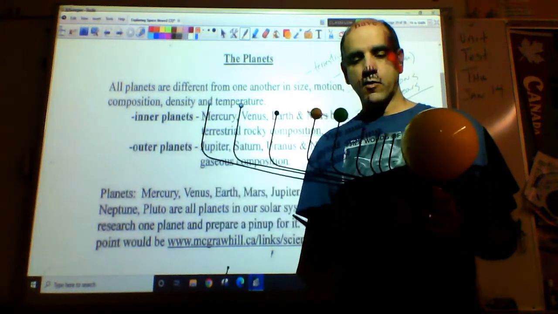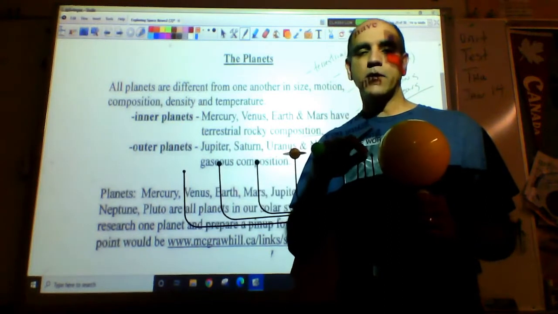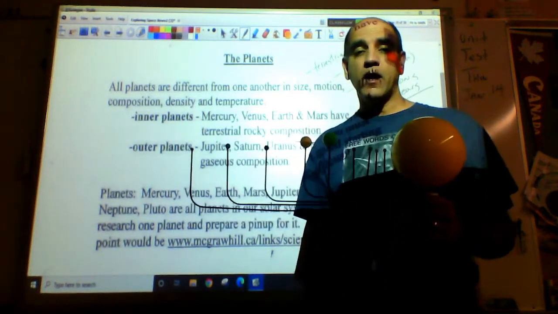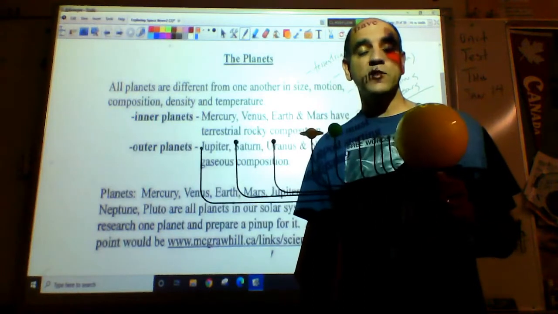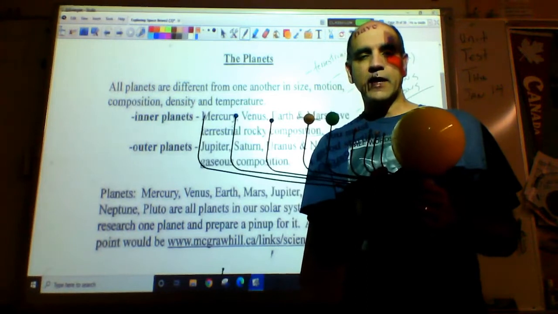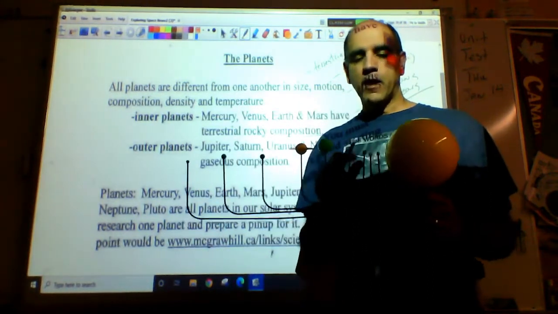Okay, and of course, the hottest planet is the second one in, right? Because it has a big atmosphere. Mercury, even though it's close to the sun, has almost no atmosphere whatsoever, and therefore it doesn't really get hot. Atmosphere helps trap heat.